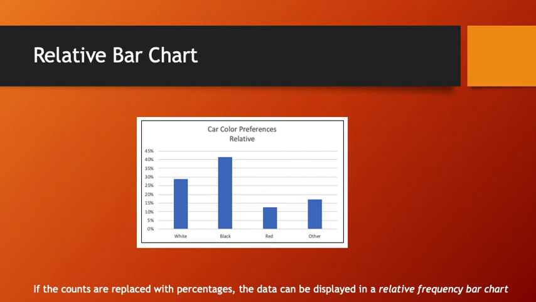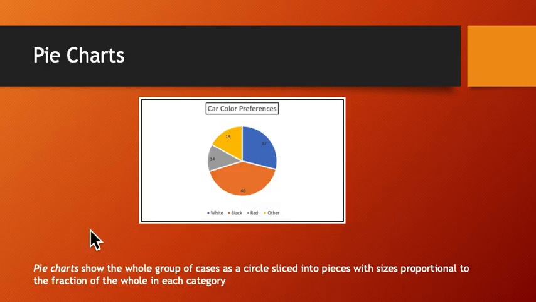Okay, so let's talk about pie charts. Pie charts take the data, and each slice of the pie is represented by its percentage of the total. So it's very good for comparing relative sizes visually when you do not have a lot of slices to the pie.